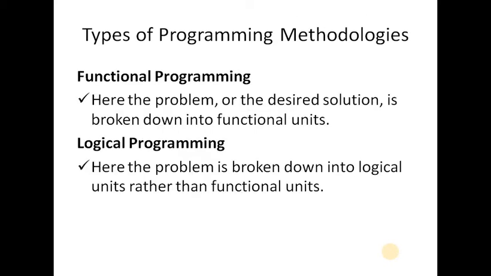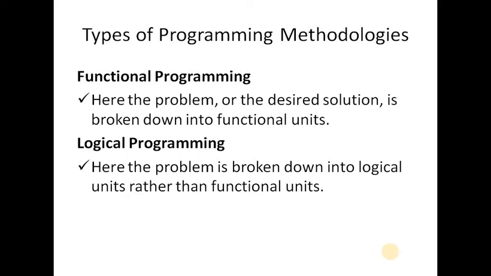Third is functional programming. Here the problem or desired solution is broken down into functional units, and each unit performs its own task and is self-sufficient. These units are then stitched together to form the complete solution.